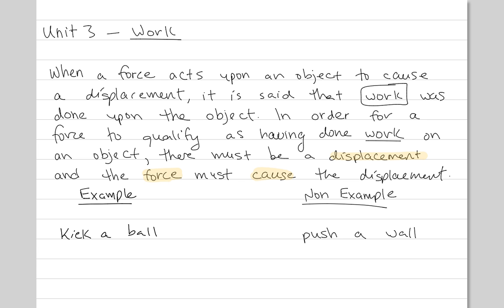What about a waiter carrying a tray above his head across the room at a constant velocity? Okay, so there's work for me to lift it above my head. After that, once it's up there, and I move at a constant velocity, is there work being done on the ball? But I'm moving at a constant velocity.